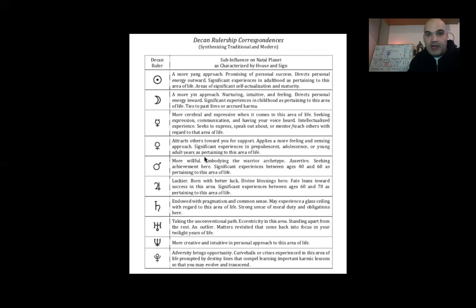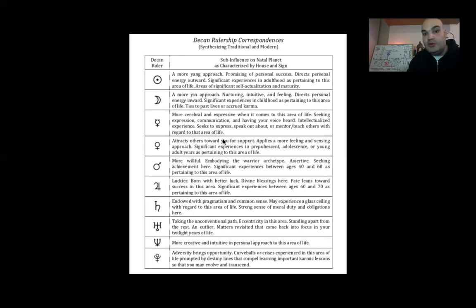So what I'm going to do now is show a chart which tells you that if your decan is ruled by a particular planet, it will give you certain energies. This applies to both systems, Chaldean and modern triplicity, because obviously the Sun is the Sun no matter which system it's in.